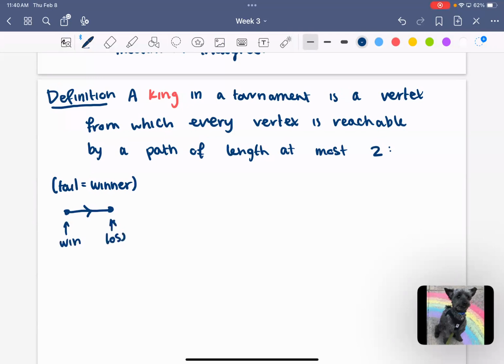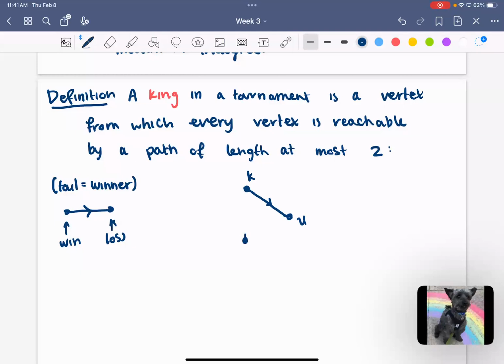Anyway, so a king: if this is a vertex, and let's say it beats this other vertex, so let's say this is K, and we'll call this one U. K beats U, and U is reachable by a path of length 1.